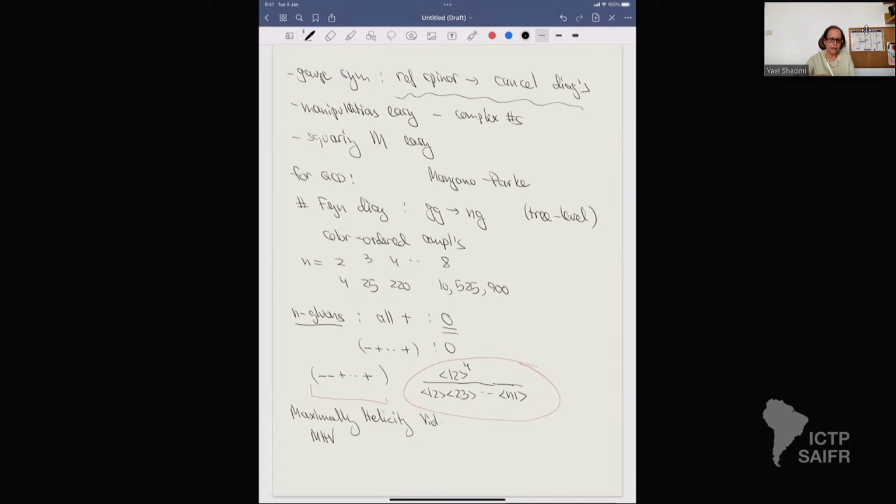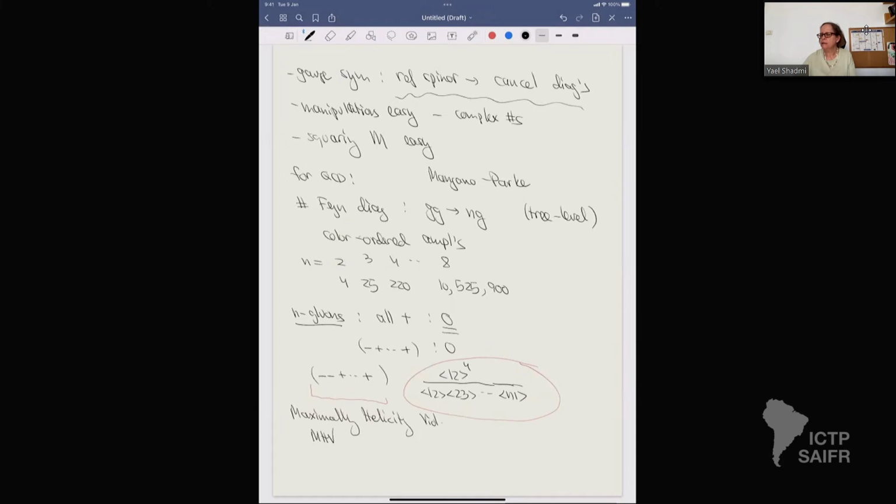So the all pluses violate helicity in the worst way, and then these are the ones that are minimally helicity violating and still non-zero. And we're going to talk about them some more. Okay.